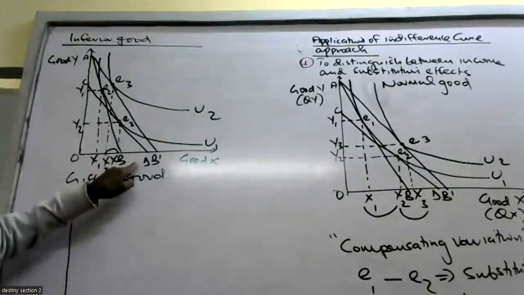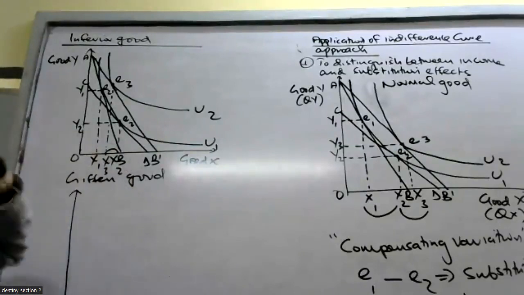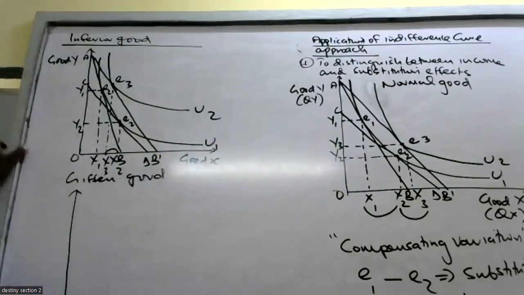X1 to X2 is positive, but the income effect is negative. But the total price effect is still positive. Why? Because the substitution effect is bigger than the negative income effect. So the total price effect is still positive. More of the inferior good is bought.